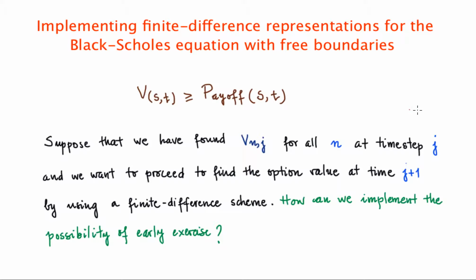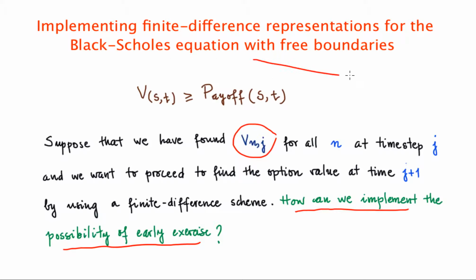Then, using the option values at this time step, we want to go further and calculate the values of the option at the next time step, and so on and so forth. So, considering that we already know these ones, how can we implement the possibility of early exercise in our finite difference representation whenever we have these free boundaries, which could be either in American options or Bermudan options?